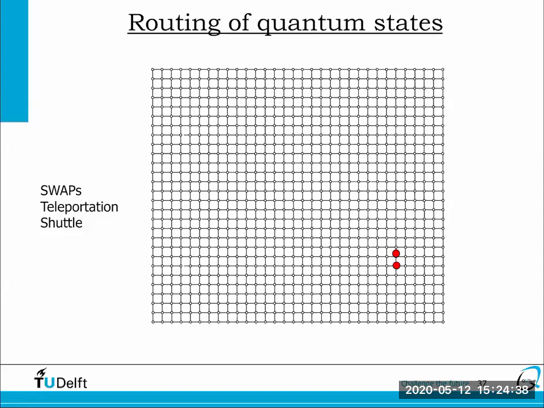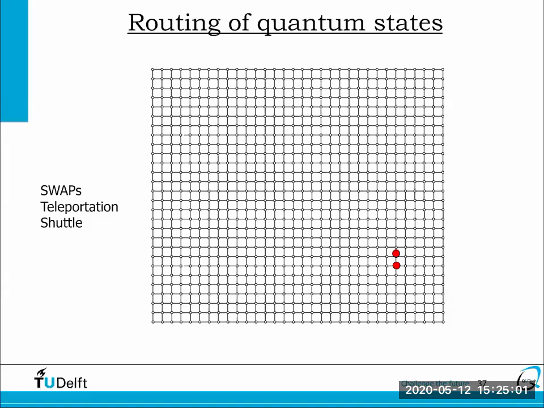I can use teleportation, but that's more complex because you have to generate EPR pairs with high fidelity, and then you have to distribute them between the source and the destination and so on. So that requires a lot of resources too. Or, in other technologies like silicon spin qubits or ion traps, you can just shuttle the qubit itself.